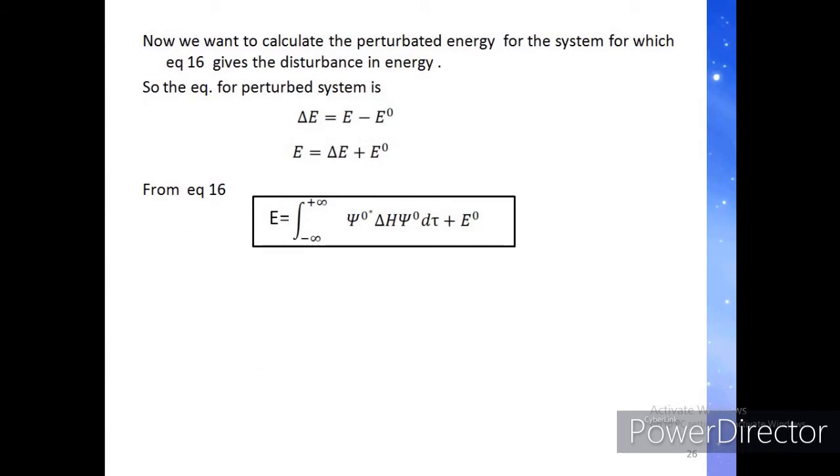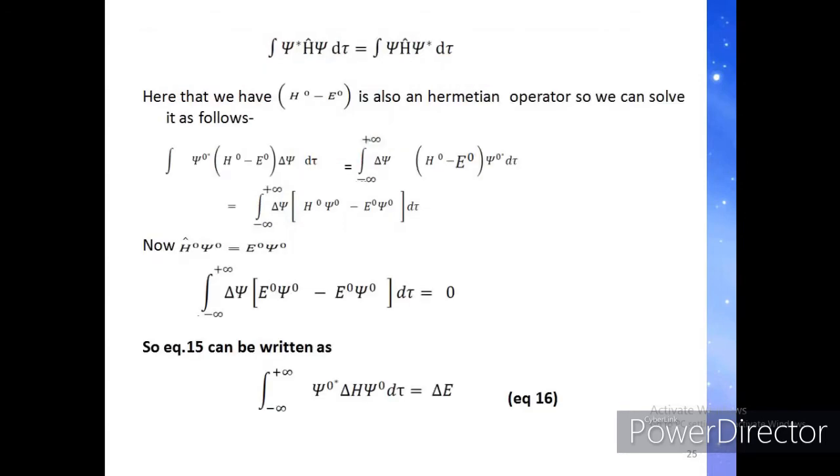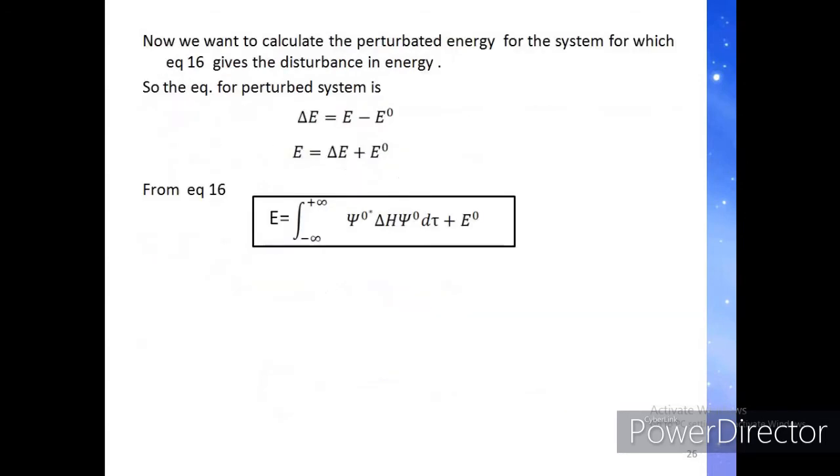Now the terms in equation number 16 are delta E, psi, and delta H, and we can put these values easily, and after putting these values we get an equation for the energy of the perturbed system.